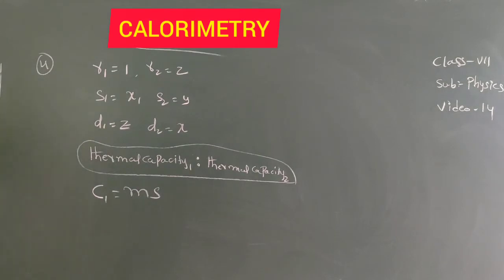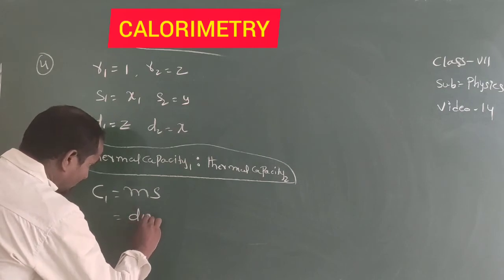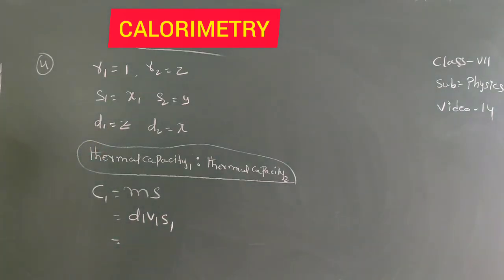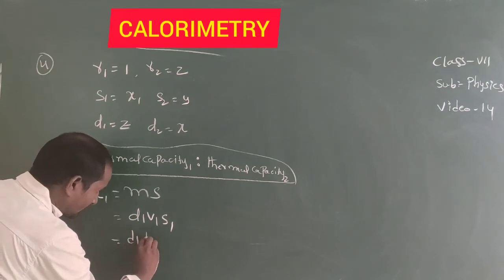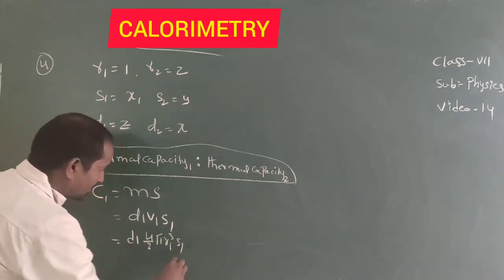The product of mass and specific capacity is called thermal capacity. So here thermal capacity means D1 into V1 into S1. So V1, the volume of the sphere, equal to 4 by 3 pi r cube. So here D1 into 4 by 3 into pi into r1 cube into S1.